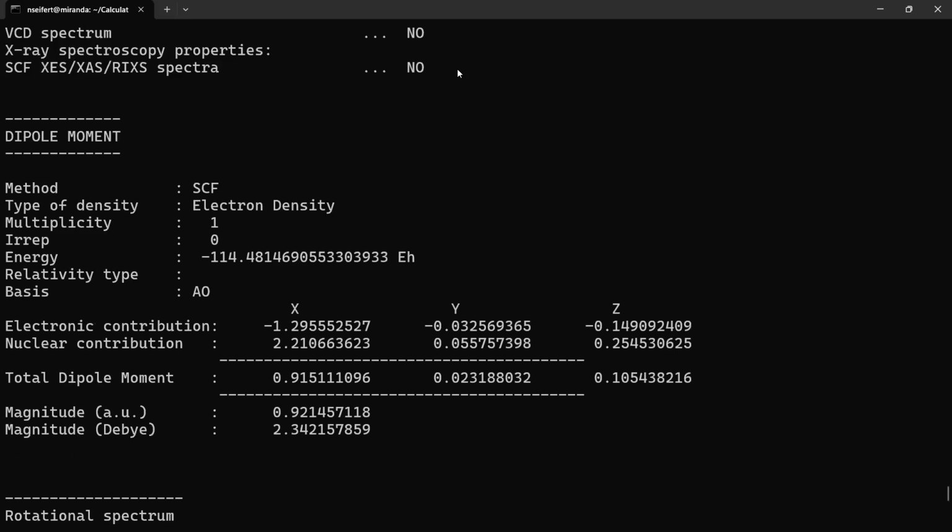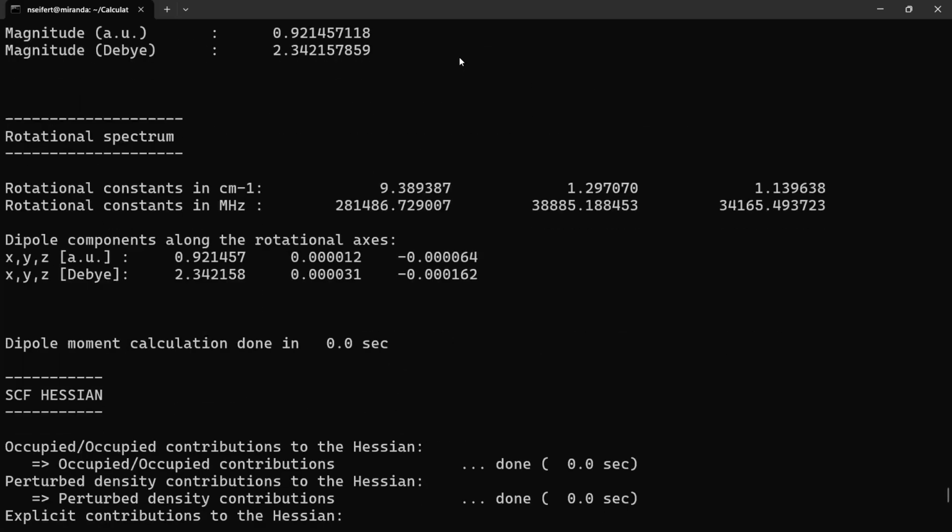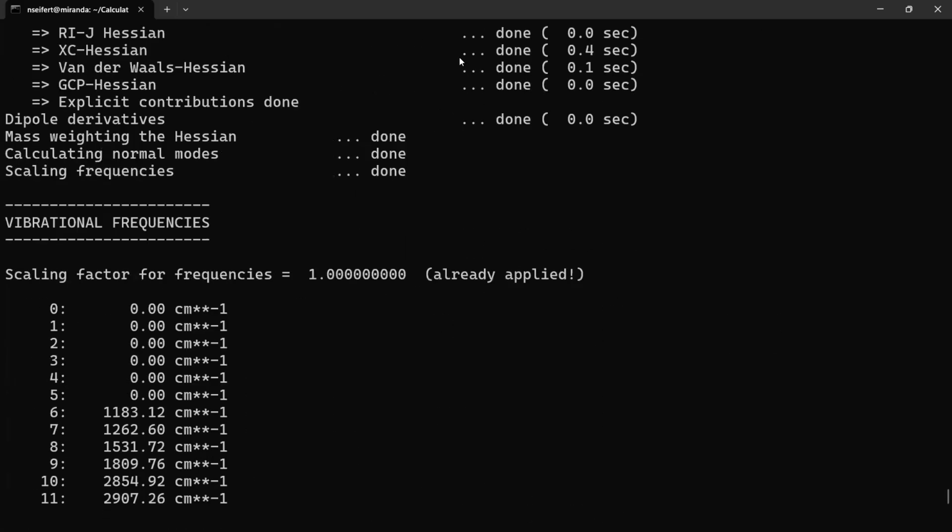This basically tells you something about how stable the molecule is relative to all the atoms being blown apart. It tells you about the contributions of the energies, the kinetic energy from the nuclei and electrons. Here's the dipole moment of the molecule. It also calculates the rotational spectra, which we'll talk about next week.